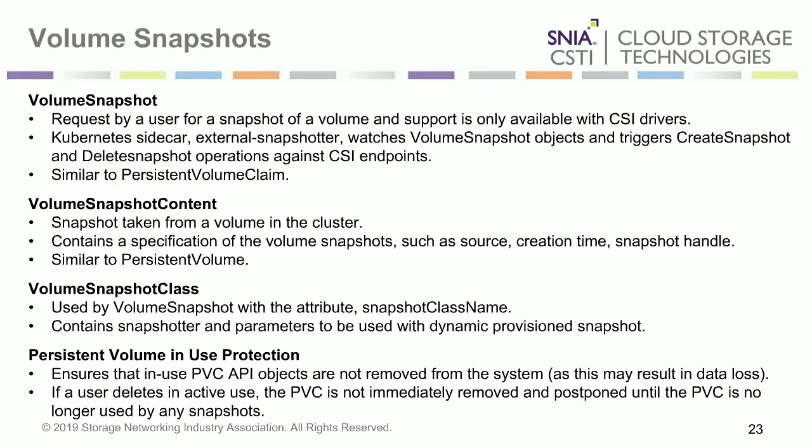And so this is the new stuff around snapshots. This is very new, so I'm not that familiar with it. I'm still learning myself. But essentially, it's going to take the same approach that persistent volume claims, persistent volumes, and storage classes did. So again, a volume snapshot is equivalent to a persistent volume claim.